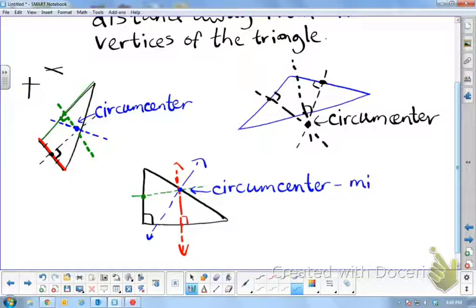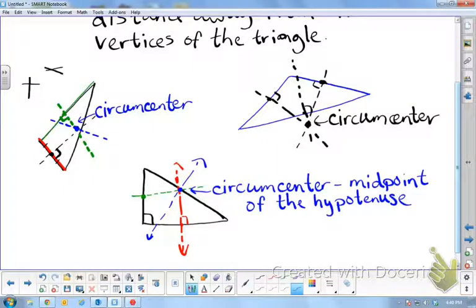So the circumcenter is the midpoint of the hypotenuse of a right triangle. So if it's a midpoint, these two sides are the same.